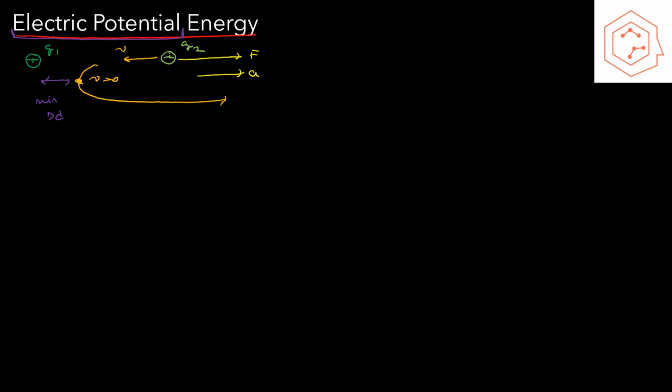So for now, we're going to consider systems of two charges. You can have systems of multiple charges, and we'll cover that in a future video, but for now, we're going to be grounded in two charges.